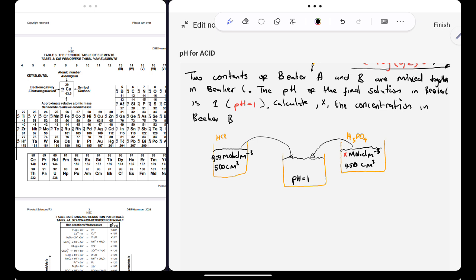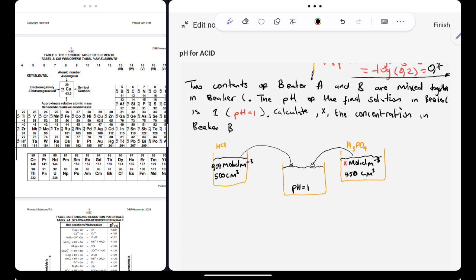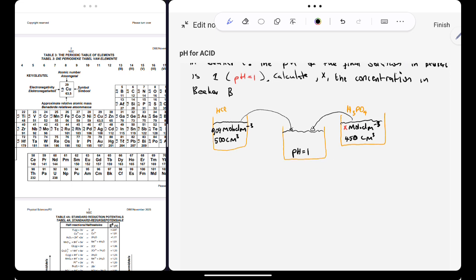Calculate X, the concentration in beaker B. Okay, we are mixing hydrochloric acid and phosphoric acid, right? I already know the volume in beaker C. So this is A, B, and C, right?